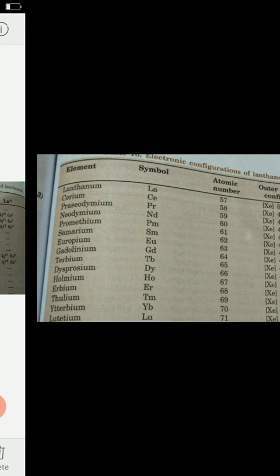Now students, the next is the oxidation state. All the lanthanoids exhibit a common stable oxidation state of +3. In addition, some lanthanoids show +2 and +4 oxidation states, in solution or in solid compounds.